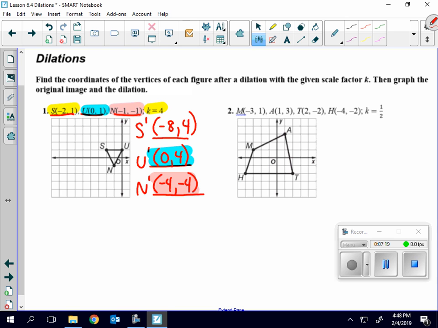So let's start with S prime. We have -8, 4. So -8 on the x-axis, and 4. Okay, there's my S prime. U prime is at 0, 4. And N prime is at -4, -4.